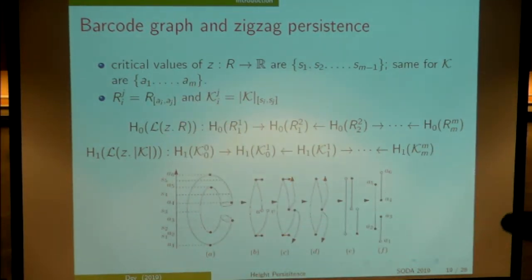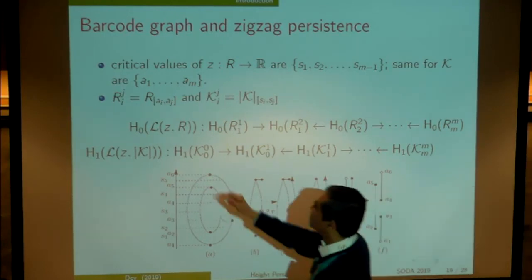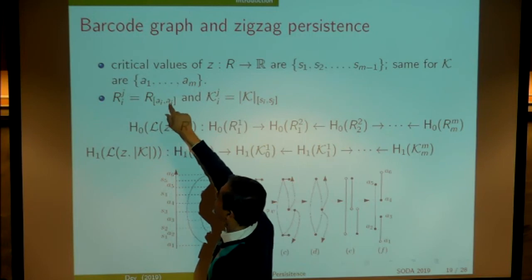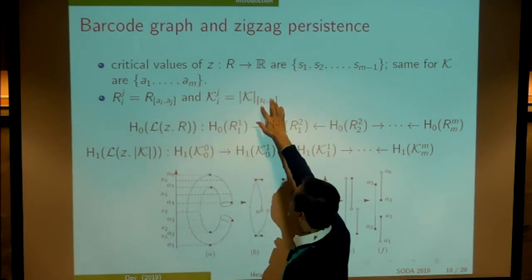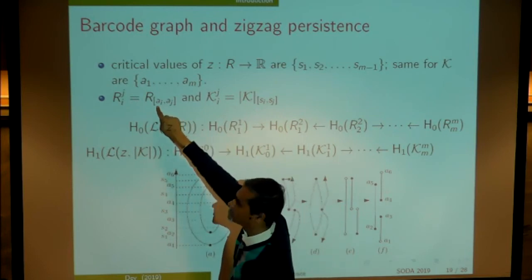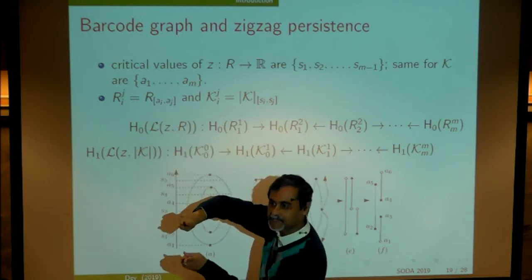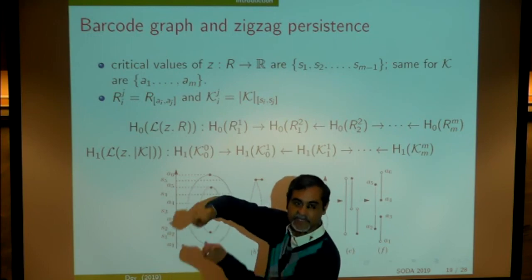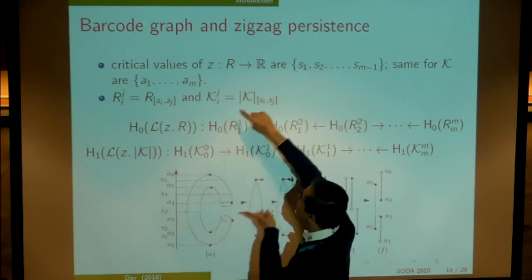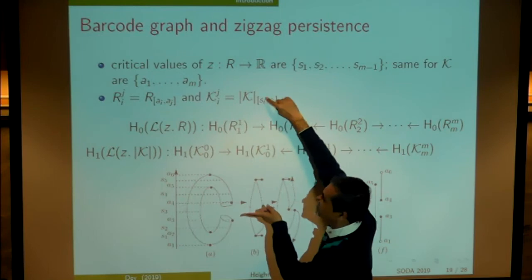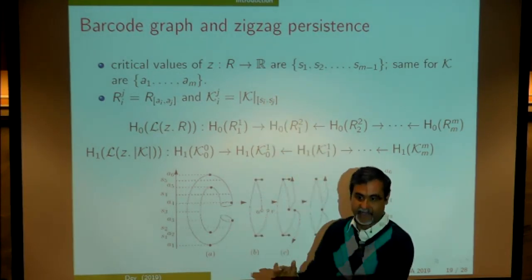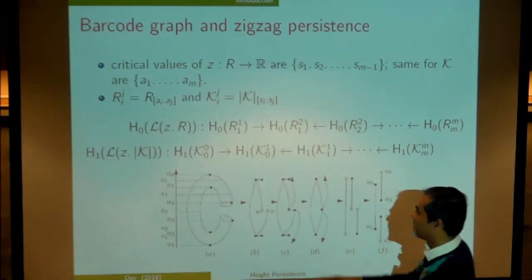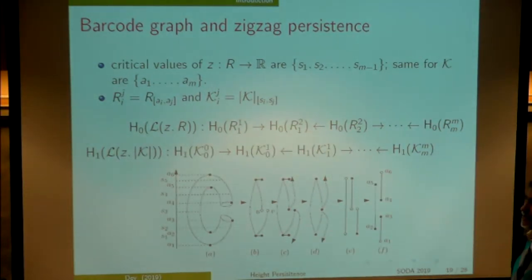So there is a shift. Again I define the interval set between a_i and a_j, and call it R_ij and K_ij. Here the intervals are between the intermediate levels, because that's the way I define them. Now I get two sequences again.